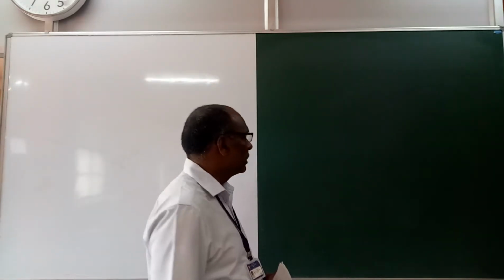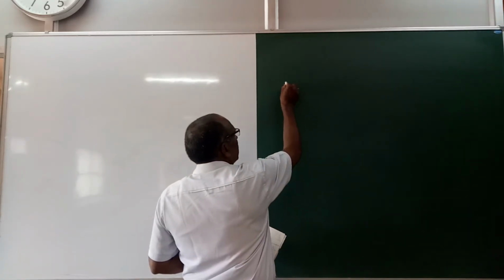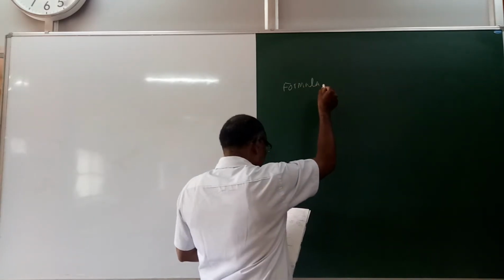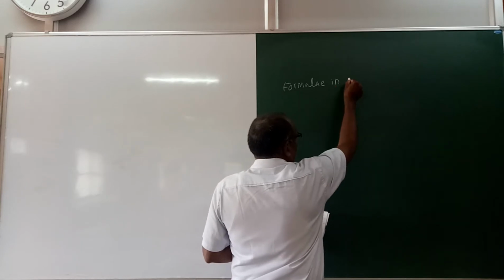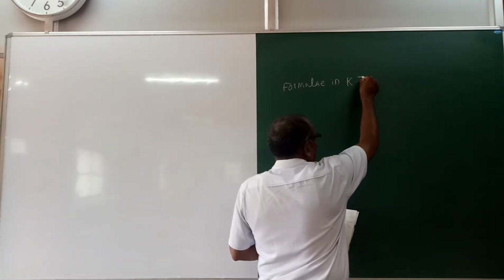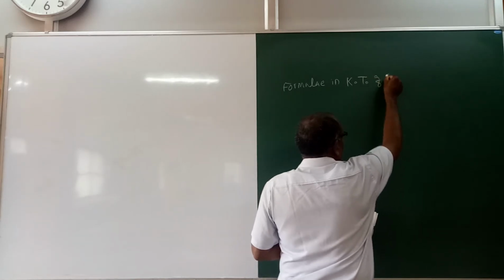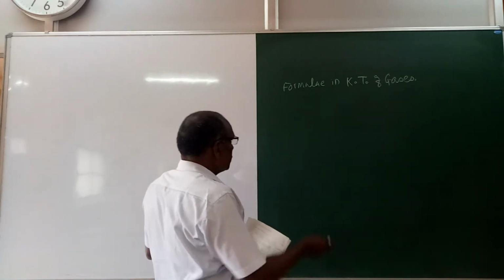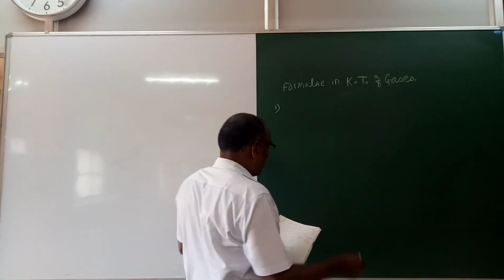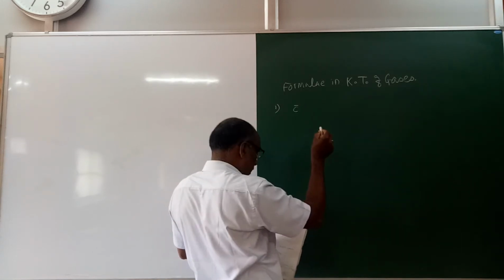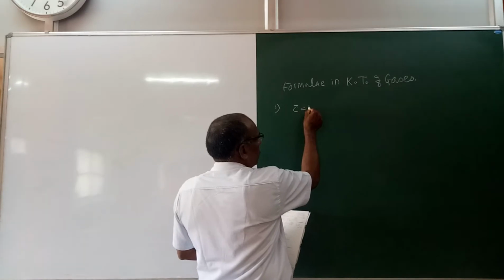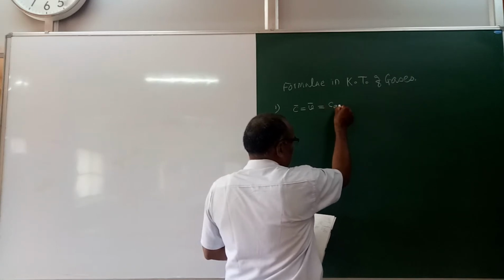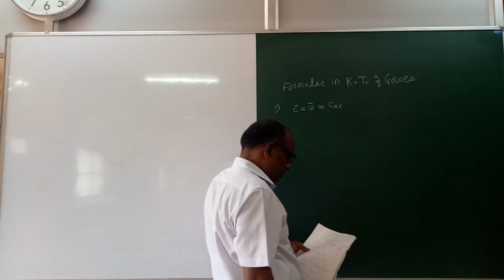So I will summarize here the important formulas in the kinetic theory of gases. Fine. The first one is the average velocity, C average, which can be written as V bar or C bar.